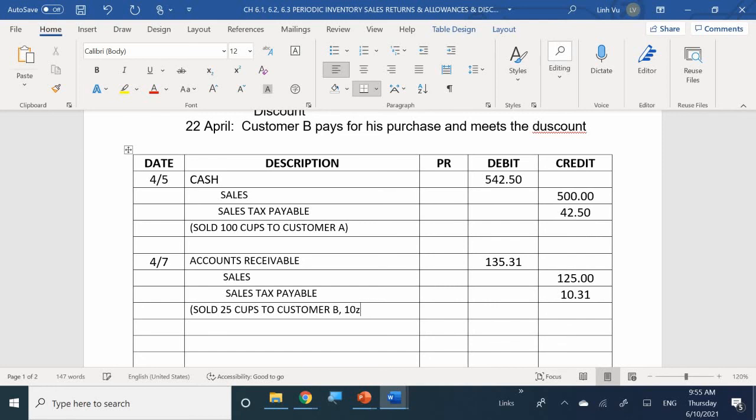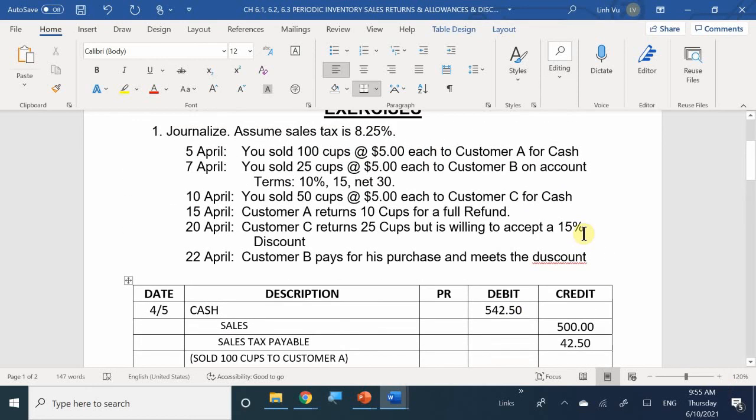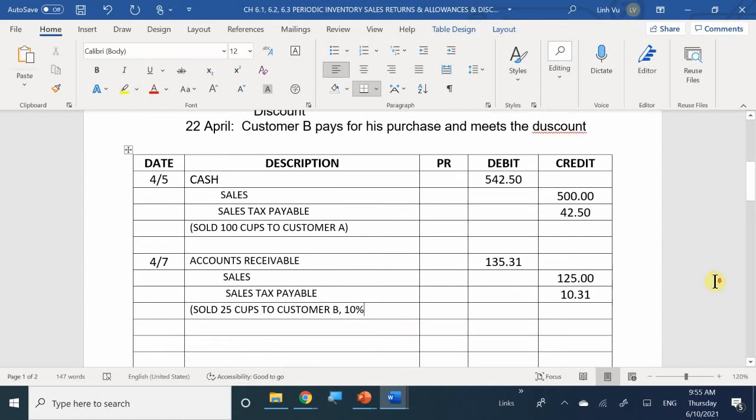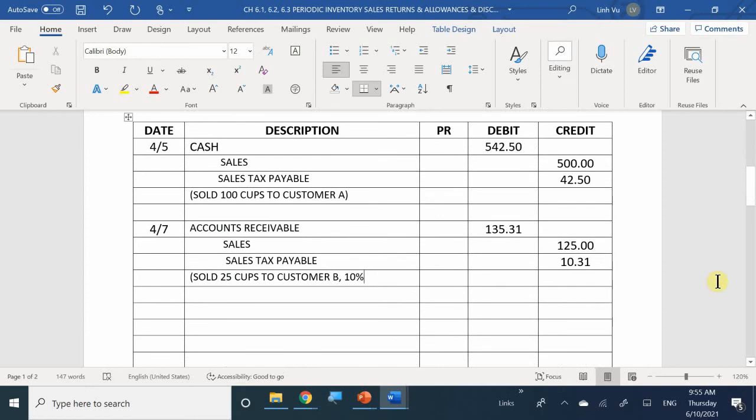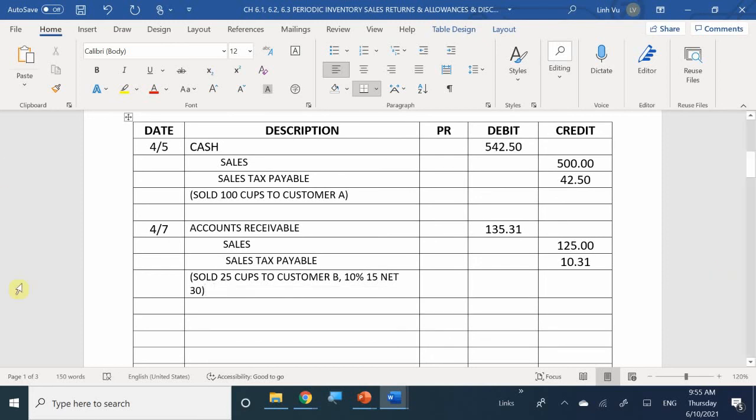Is it 15 days? Let's see. I gave my customer B 15 days to pay me back. If not, the whole thing is due in 30 days. So they get a 10% discount if they pay within 15 days. So I do 10%, 15, net 30. Right? Good.